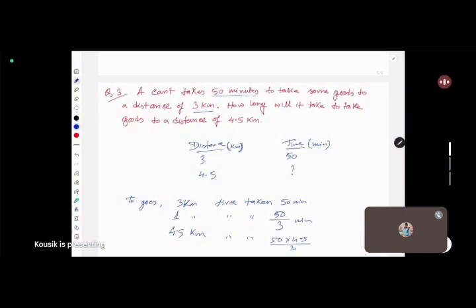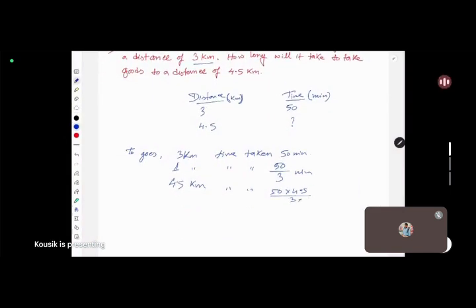So that means, if you remove the decimal point, 10, so the 0s cancel out, divided by 3, 75 minutes. Since it is 75 minutes, you can convert it to 1 hour 15 minutes. How do we get it? 75 is divided by 60, 15. So 1 hour 15 minutes.